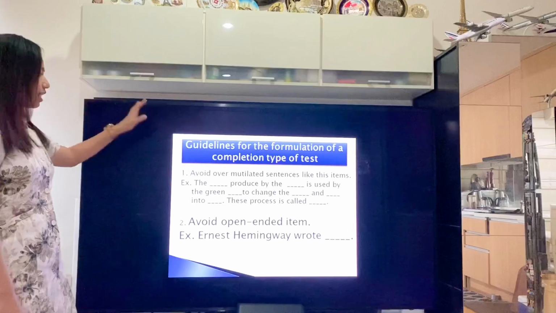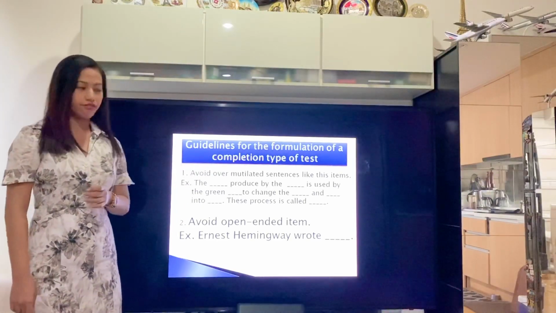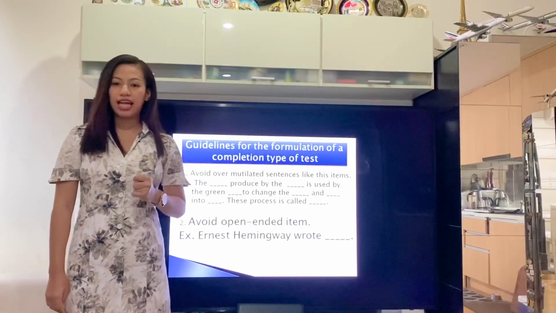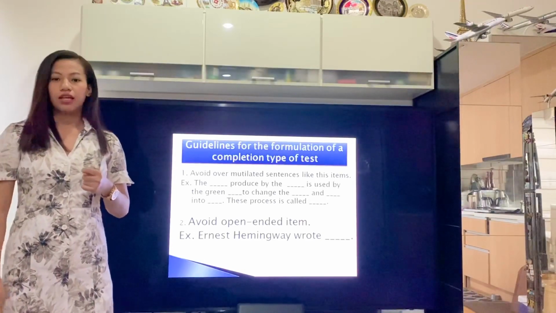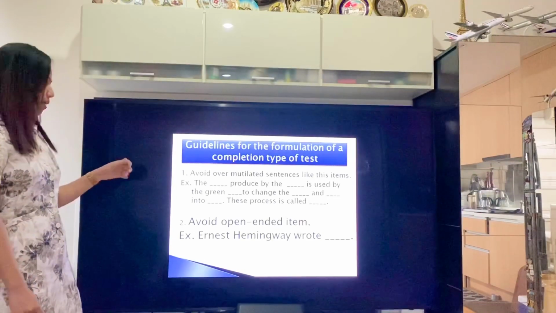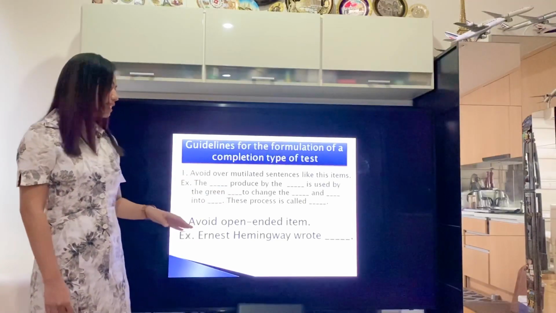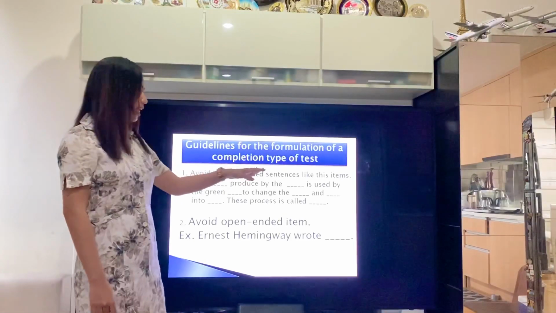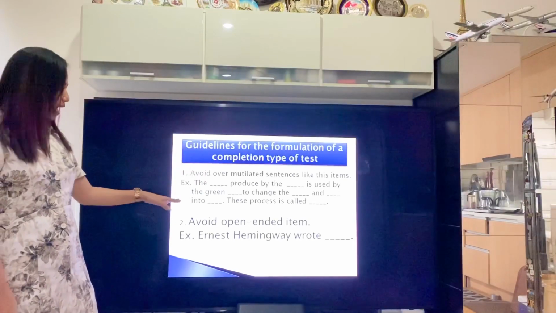Next, guidelines for the formulation of a completion type of test. The following guidelines can help you formulate a completion type of test or the fill in the blanks type. Number 1, avoid overmutilated sentences like these items. Example, the blank produced by the blank is used by the green blank to change the blank and the blank into blank.